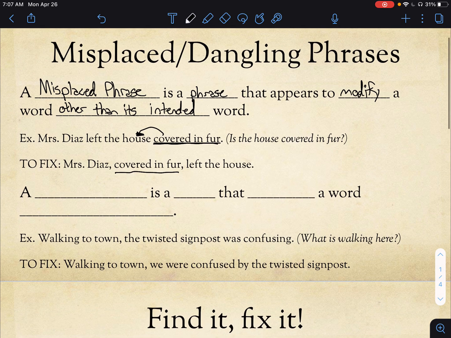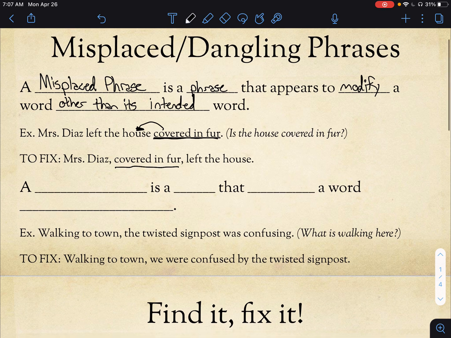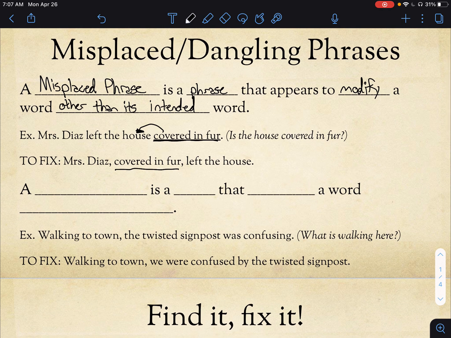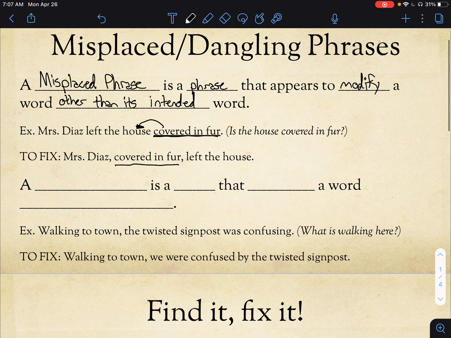So rather than learning a new concept like participial phrases in these notes, we're just talking about editing for clarity. Another type of misplaced phrase is what we call a dangling phrase. And this one's just awkward.